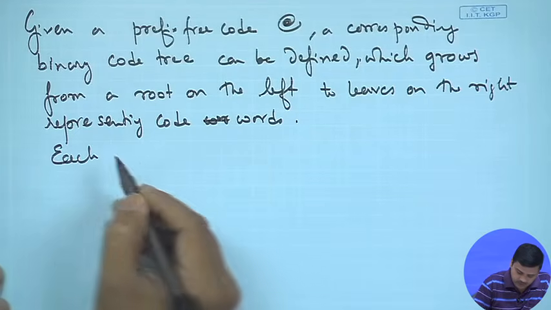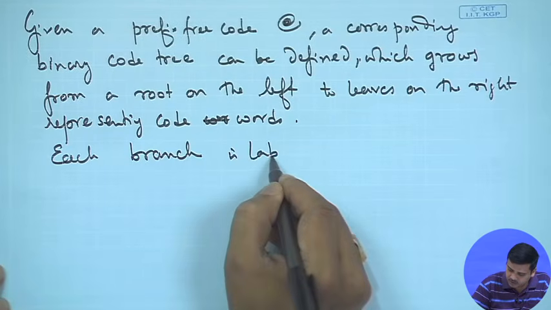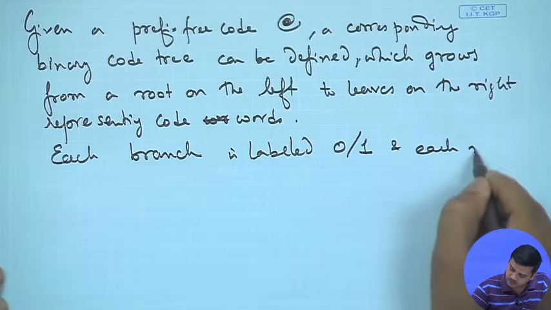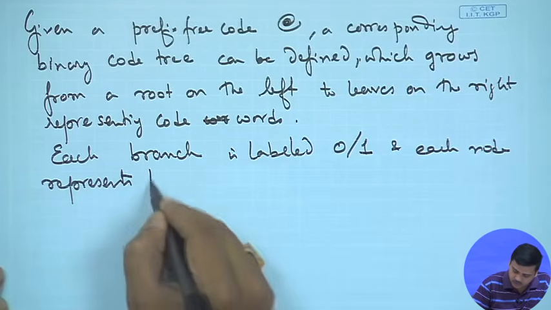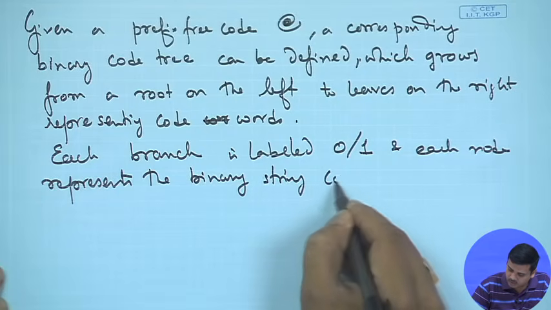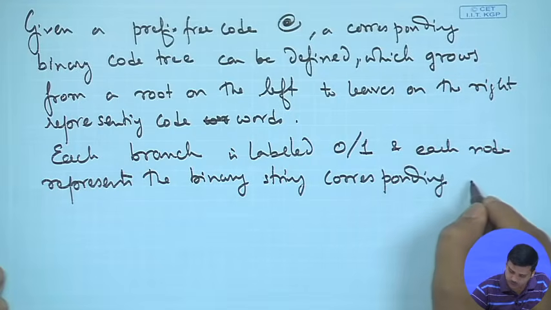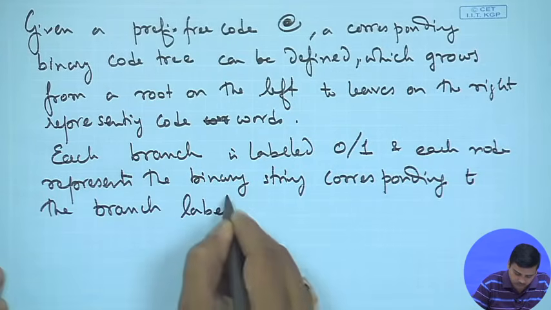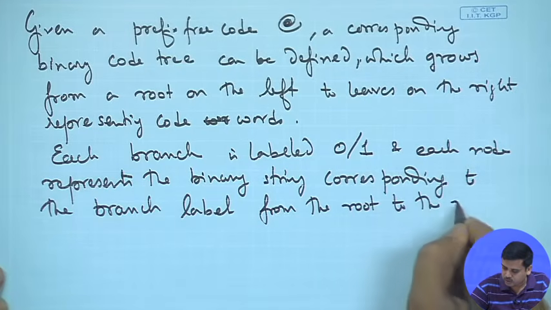Further, we say that each branch is labeled 0 or 1 and each node represents the binary string corresponding to the branch label from the root to the node.